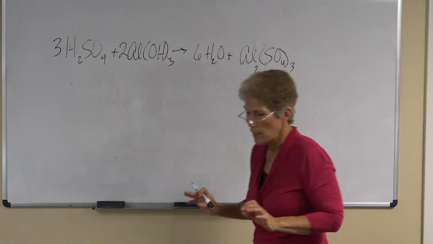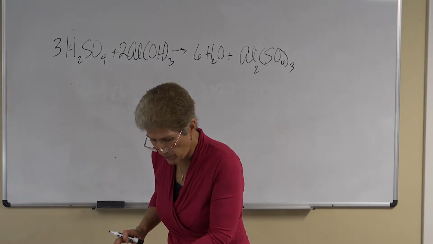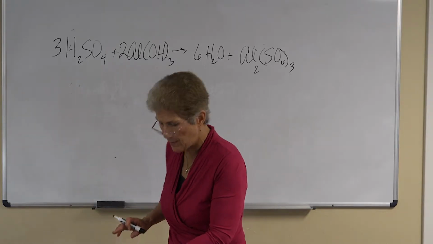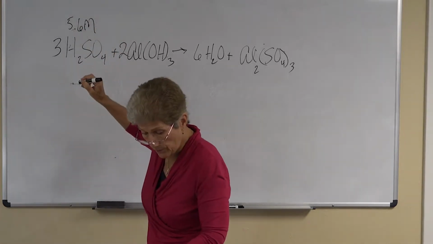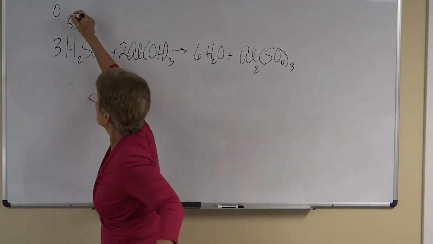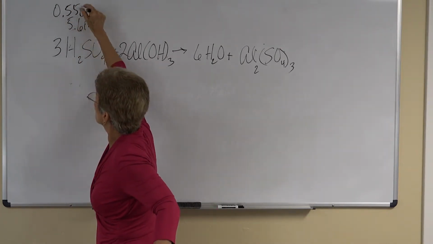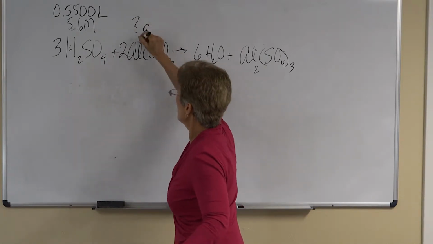So far, so good. Now we're going to put in our information. It says a student needs to neutralize 550 mils of a 5.6. So we have 5.6 molar solution, and we want to neutralize 550 mils, 4 significant figures. How many grams of this do we need?